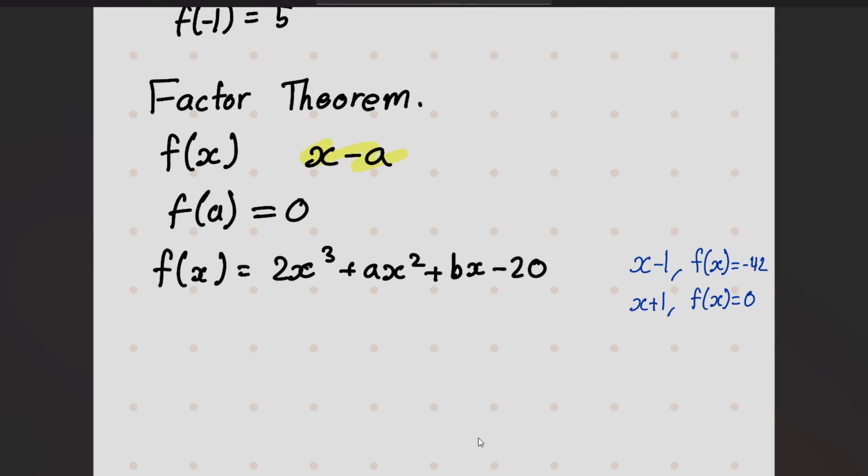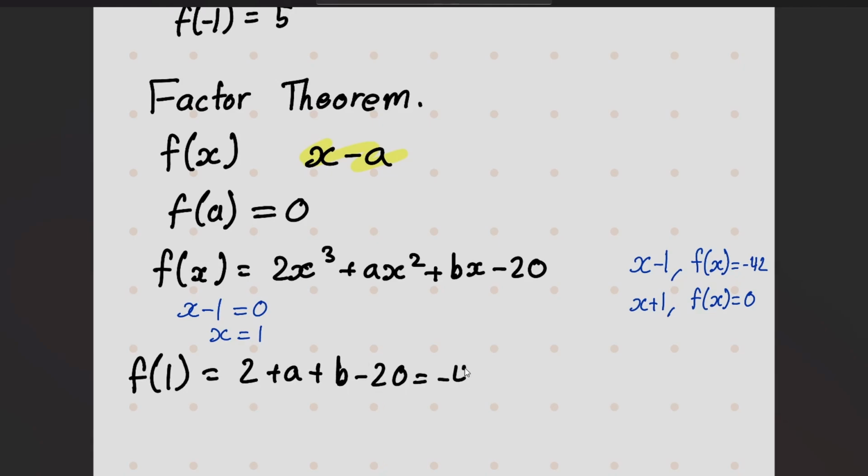So how are we going to work with this if we have two unknowns of a and b? Well, you're just going to replace x with two of these values. So in this case, if you were going to start with x minus 1, which we're going to equate to 0, your x will be 1. And if you replace x with 1, you're going to get 2 plus a plus b minus 20 equals negative 42.